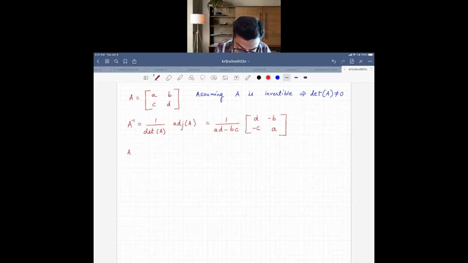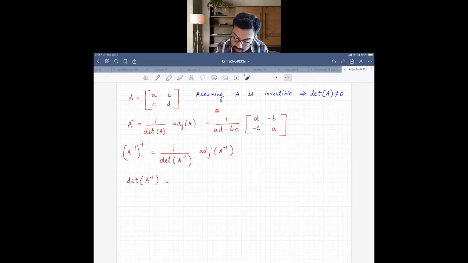The inverse of A inverse is going to equal 1 divided by determinant of A inverse multiplied by the adjugate of A inverse. All right, let's try to find out the two pieces then. Determinant of A inverse, what is that going to be? I'm looking at this matrix over here, right?